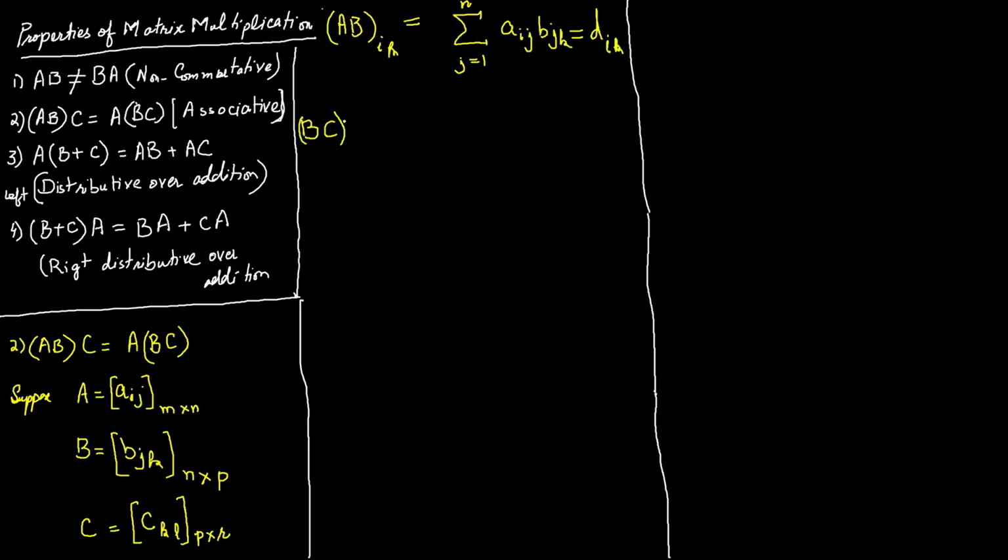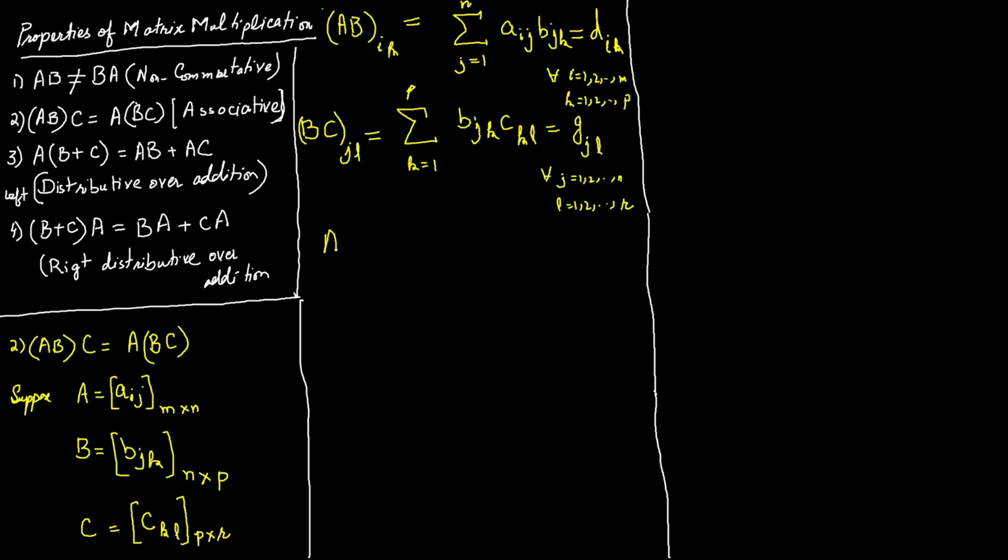Likewise, we calculate the element at row j and column l of the multiplication matrix BC. We represent it by g_jl. So the matrix AB is equal to d_ik and it has order of m cross p, and the matrix BC is equal to g_jl and it has order of n cross r.